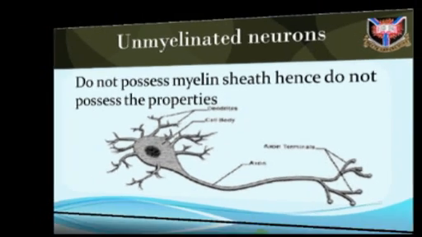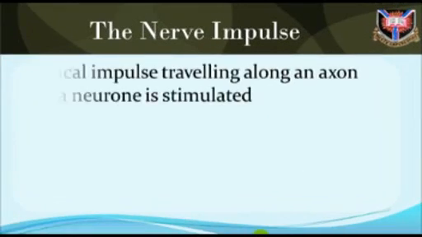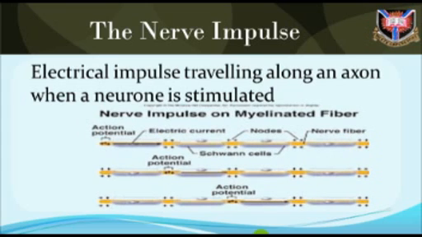The nerve impulse. Nerve impulse is an electrical impulse traveling along an axon when a neuron is stimulated.